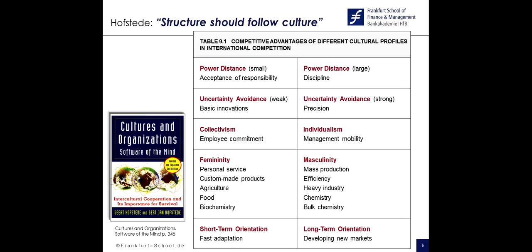In sharp contrast to these, under masculinity, femininity, you will find recommendations concerning types of industry appropriately placed in the respective countries, such as personal services, mass production, heavy industry or biochemistry. Until today, it's not quite clear whether inconsistencies of this type were intentional or simply indicate a lack of coherence in Hofstede's elaborations on his findings.